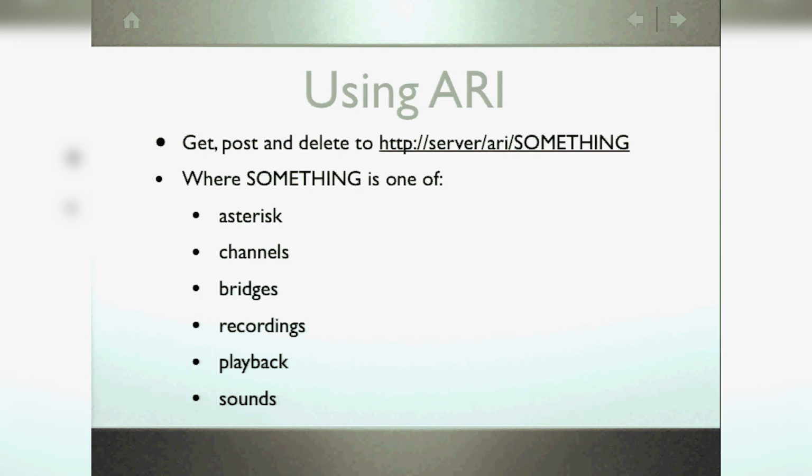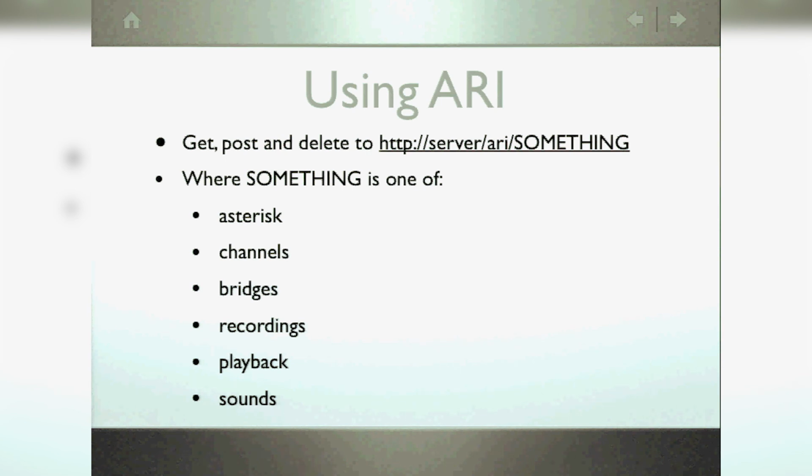The example that I'm going to give registers itself as hello. So then you've got a Stasis app called hello, and you can send calls there. It's like having a queue where you can hold calls. You can send these calls into the Stasis app, and it will sit there and wait for you to do something with it.